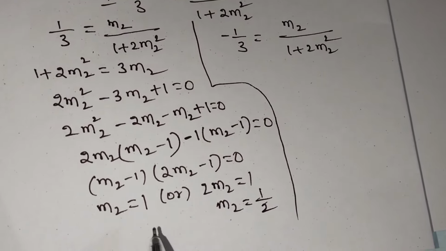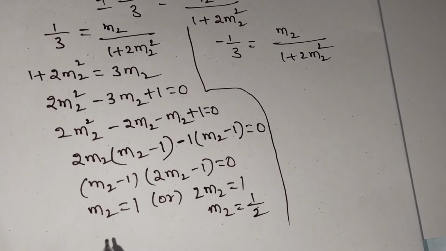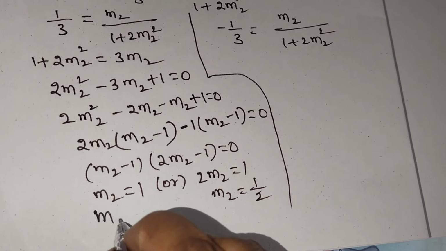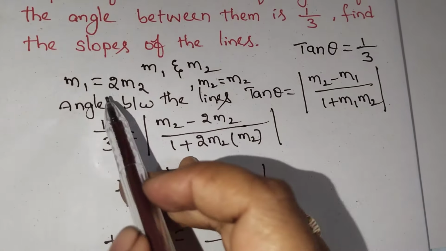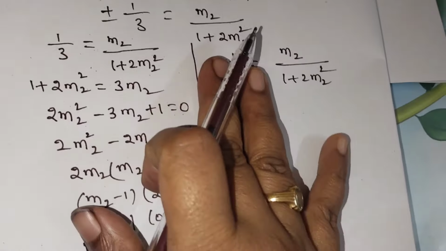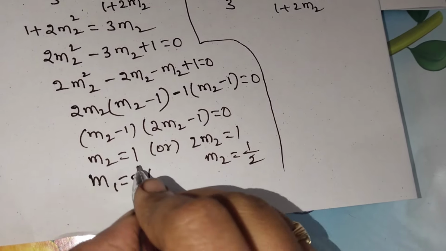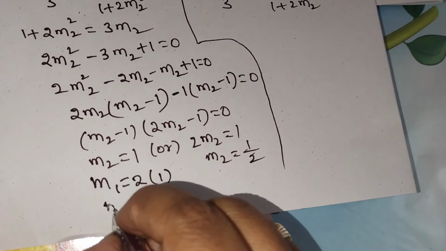So when m2 is 1, what is m1? m1 is 2 times m2, that is m1 is 2.